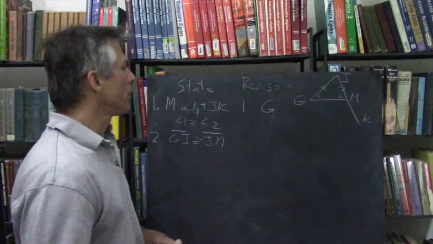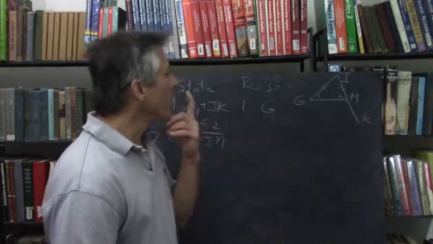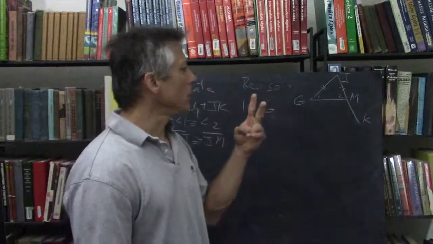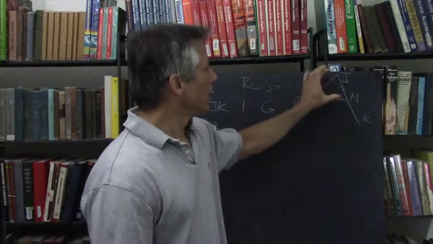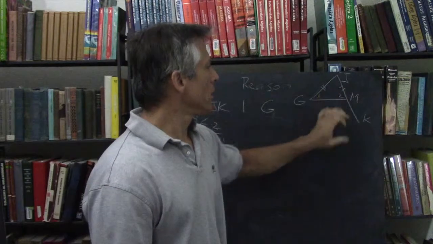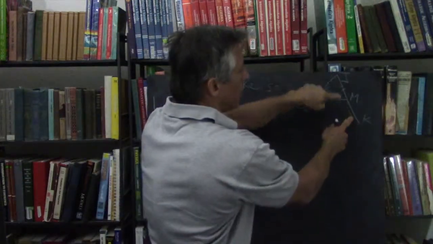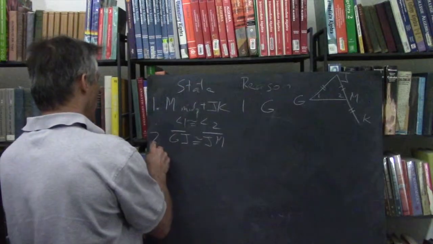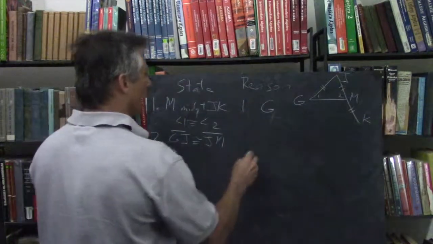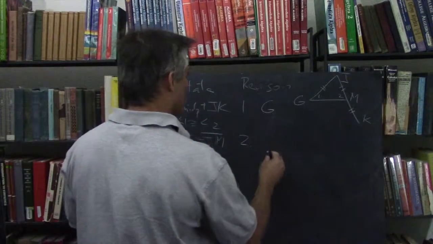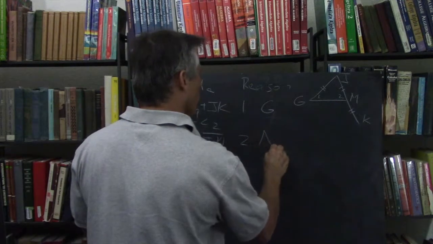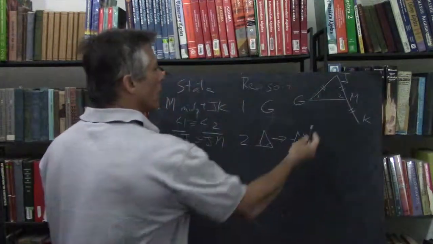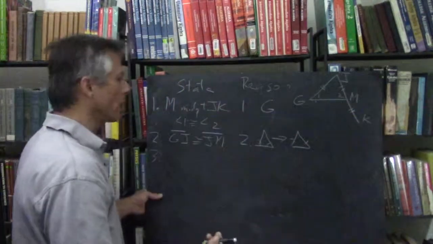But M is the midpoint of JK. Midpoint, remember, that means middle. Halfway, it divides something into 2 equal parts. So this is divided into 2 equal parts. JM is the same as MK. So those are the same. So we know, but the reason, okay, so we knew angles were the same, so the sides were the same.